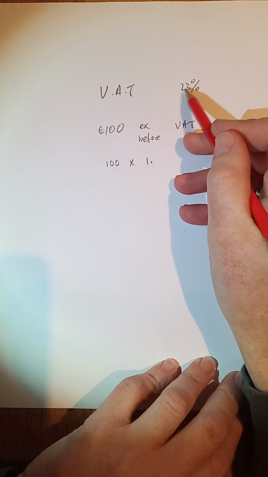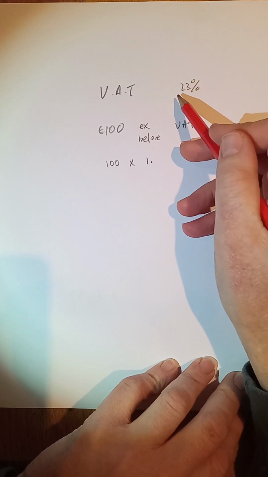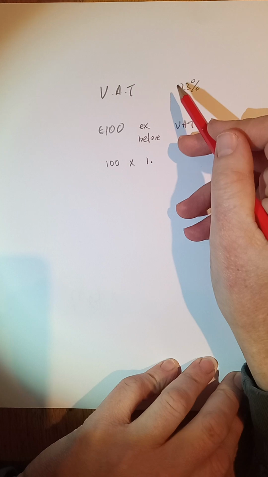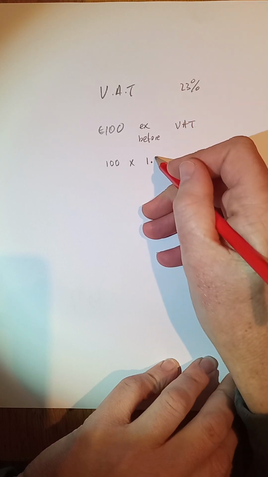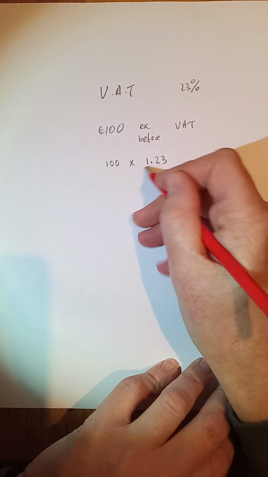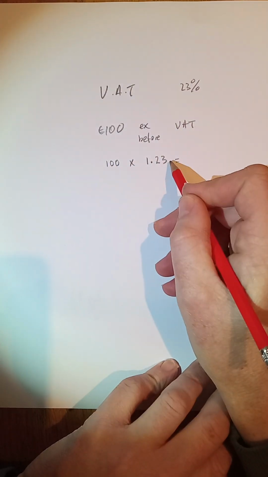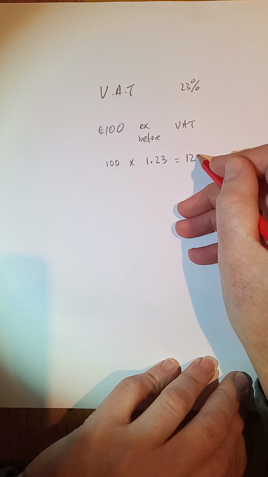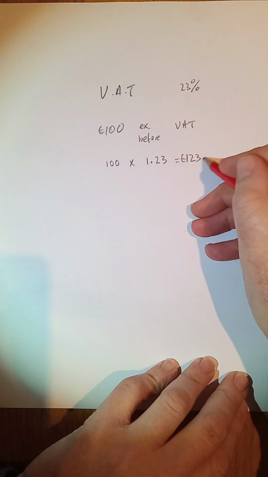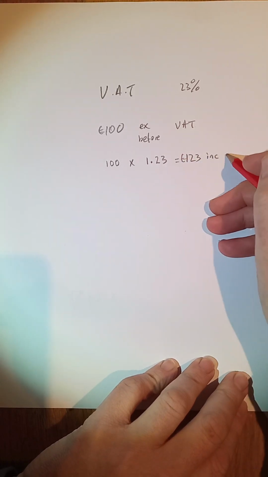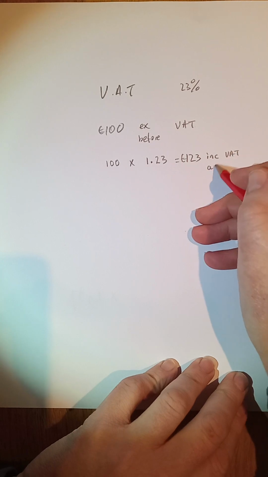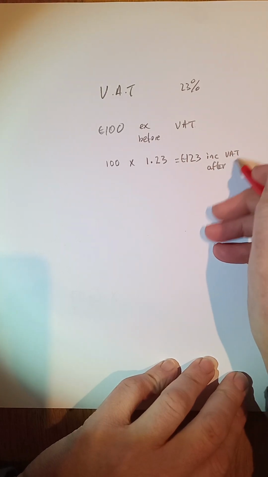So 23% is 0.23, 13% would be 0.13, 9% would be 0.09, and just multiply it by 1 point whatever that decimal is. Okay, so in this case, 100 multiplied by 1.23 is €123. So now that includes VAT, or it's after the VAT has been added.